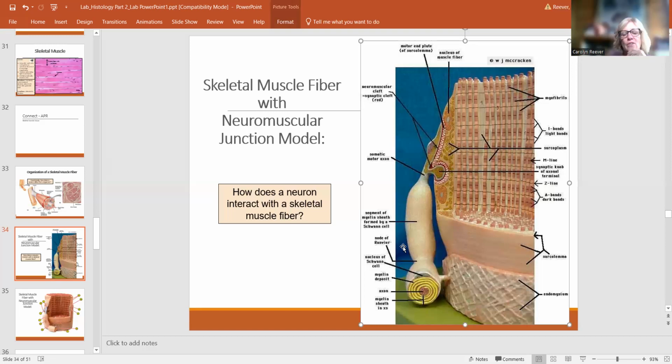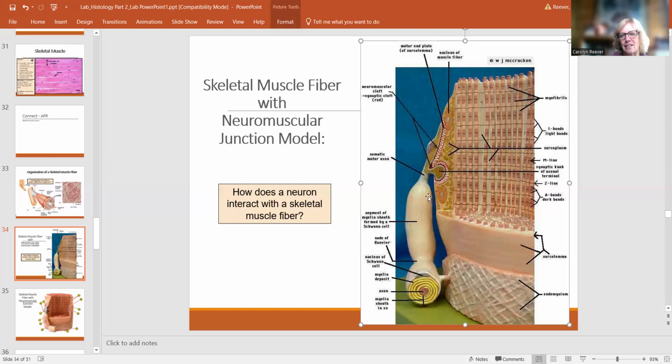So the node of Ranvier, and we'll talk more about this when we get into the nervous system, is like a gap that the nerve impulse will jump. We always use the analogy of trying to get a basketball down the court: is it faster to pass it from one player to another or for one guy to dribble it the whole way? It's going to be faster to pass it, right?